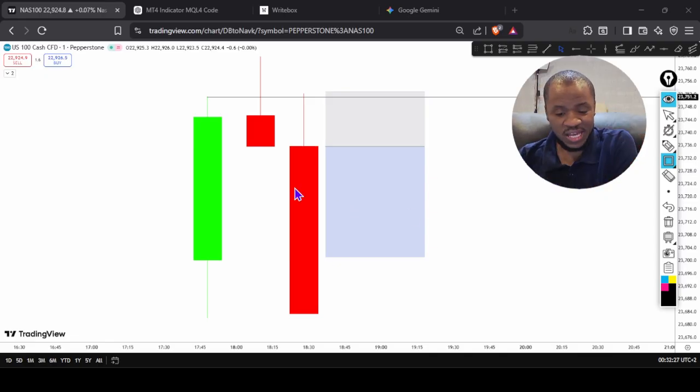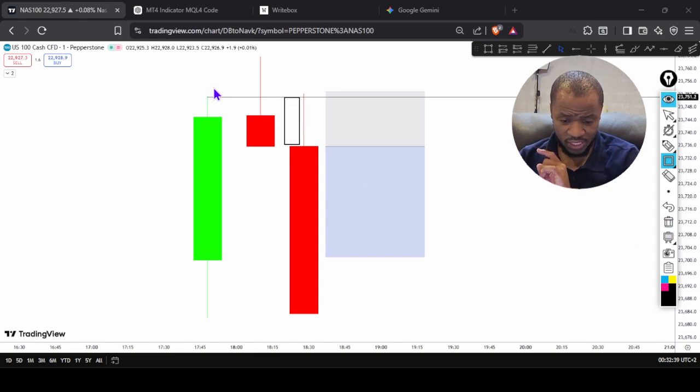But you don't just enter here thinking that the market is already manipulated, so I'm trying to sell the market. No, there's one key thing you have to wait for. You have to wait for the market to go straight to the level of the first candle. Once it reaches there, it will come back down again, right?